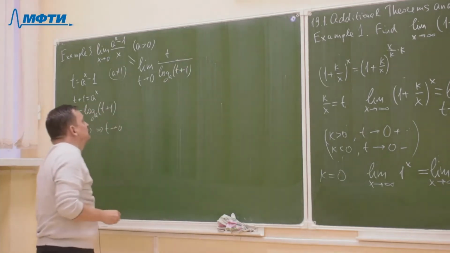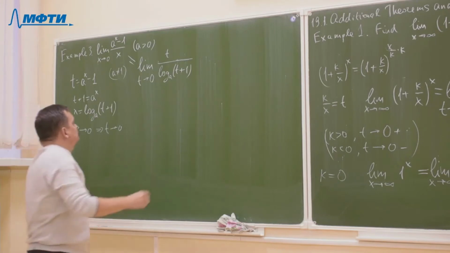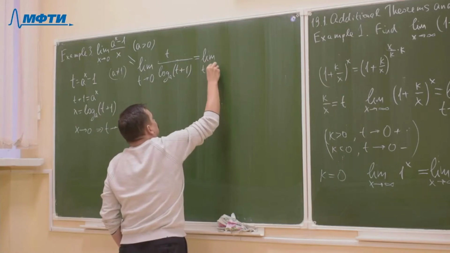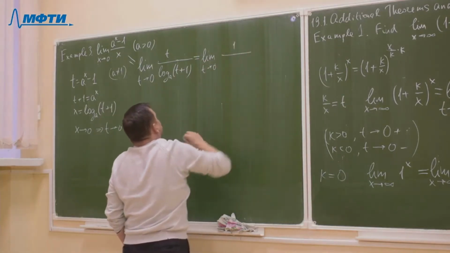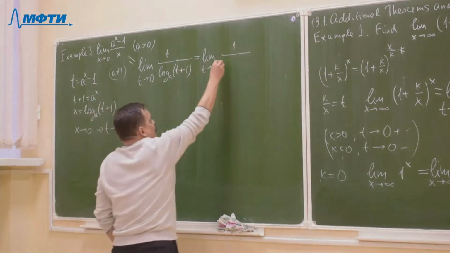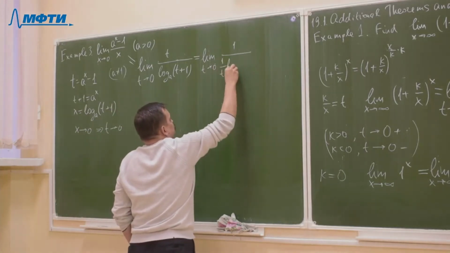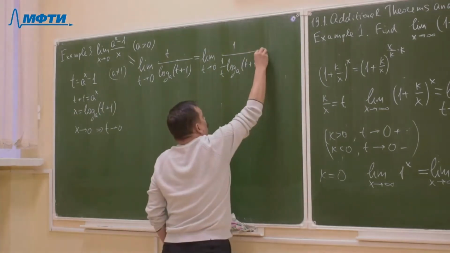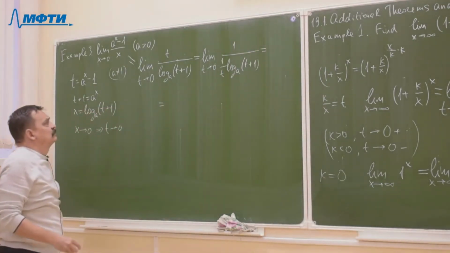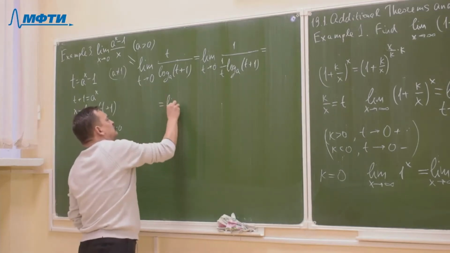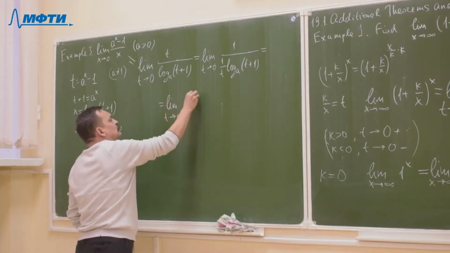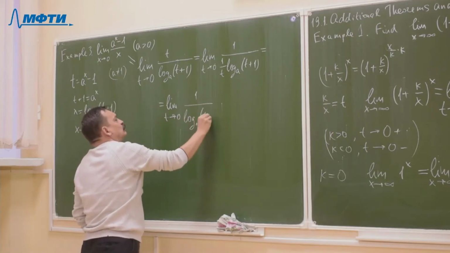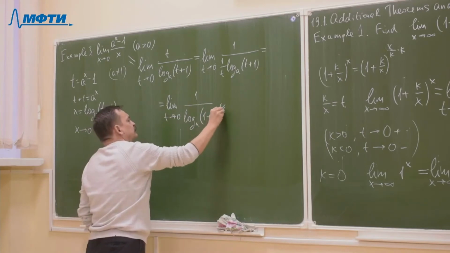And using properties of the logarithmic function, we can rewrite it as 1 over, first I'll write it like that, and then I'll rewrite it in that form, 1 over logarithm of (1 plus t) to the power 1 over t.